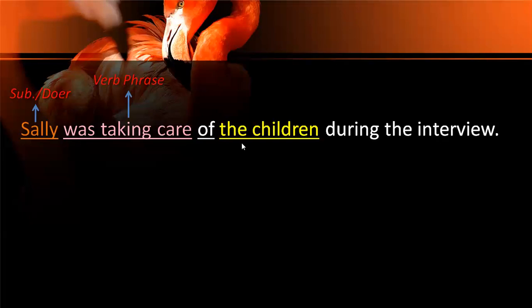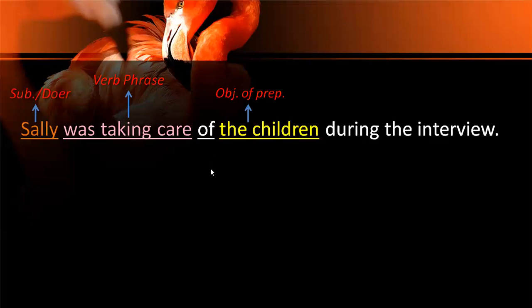And the answer is care. This is wrong. So therefore, they consider the words take care as a whole phrase. It cannot be separated. Fine. Then, of the children. The children here is an object of preposition. This is the preposition of.